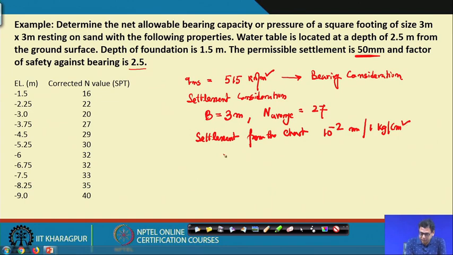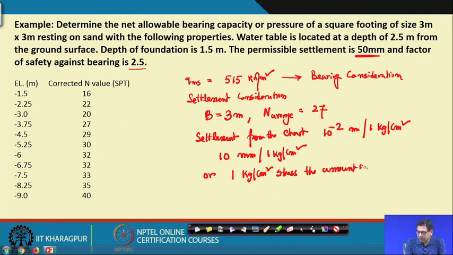Or we can write in terms of millimeter: 10 millimeter for 1 kg per centimeter square stress, the amount of settlement is equal to 10 millimeter.